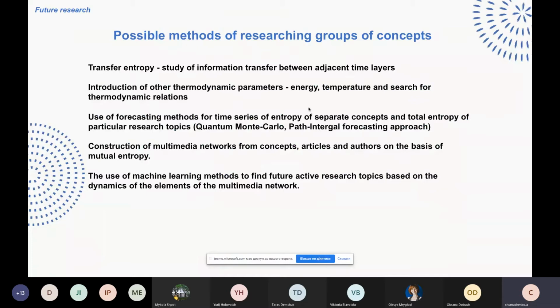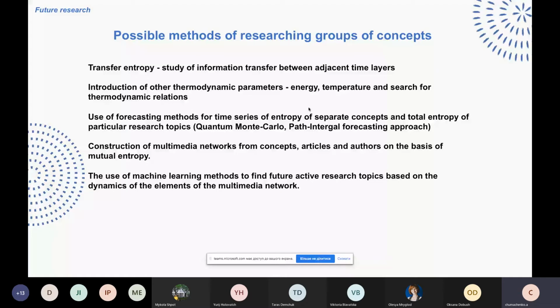It's similar to mutual entropy, but this is a mutual entropy between two time slices. This approach is mostly used for brain research. It's a biology method that is used to study perception or information flows in a human brain or similar complex networks. It's easy to adapt our methods for this transfer entropy.